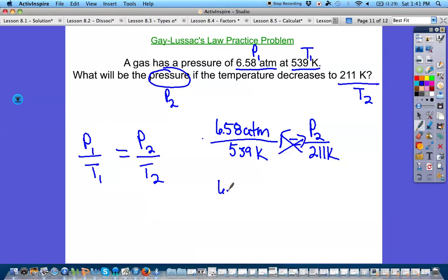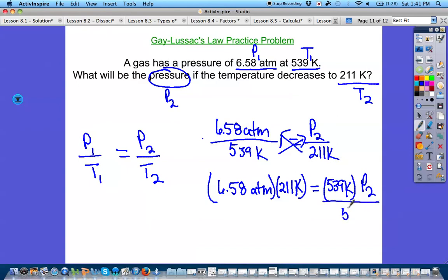We're going to have 6.58 atm times 211 Kelvin equals 539 Kelvin times P2. Divide both sides by 539 Kelvin.